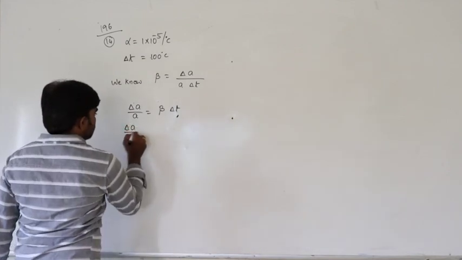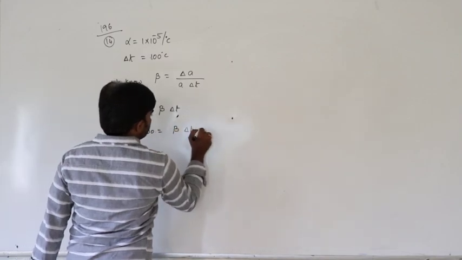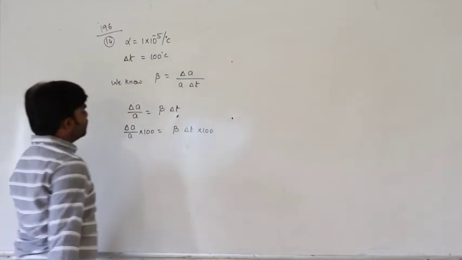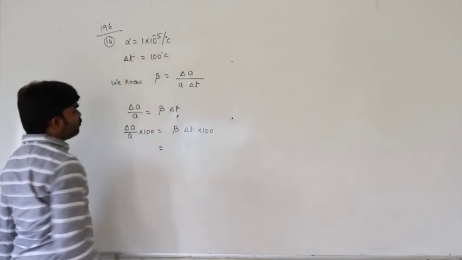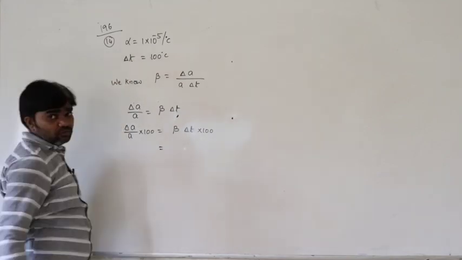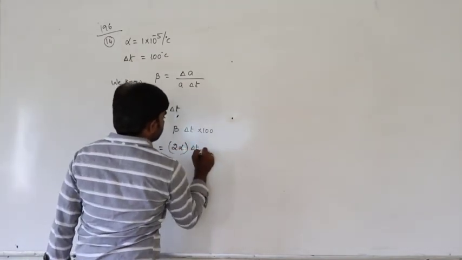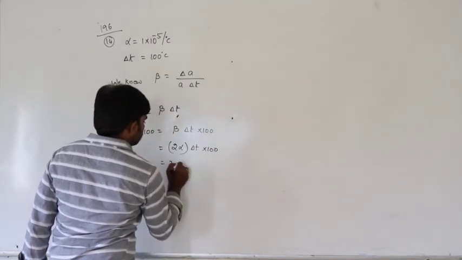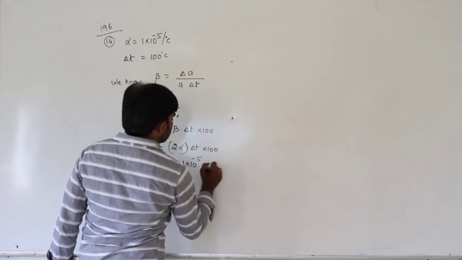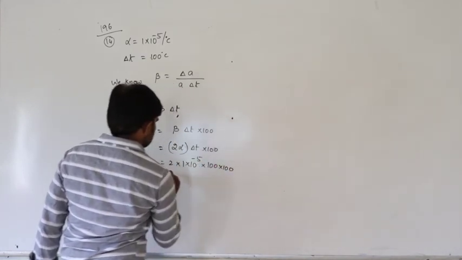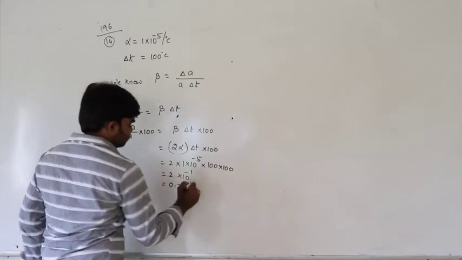Percentage change means delta A by A into 100, which is equal to beta delta T into 100. But we don't know the value of beta; we know the value of alpha only. So we can write beta as 2 alpha, giving 2 alpha into delta T into 100. That is 2 into 1 into 10 to the power of minus 5, into delta T of 100, into 100. So that is 2 into 10 to the power of minus 1, so 0.2.